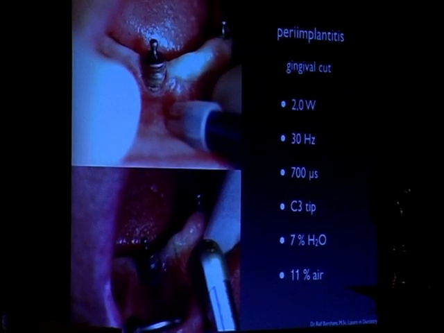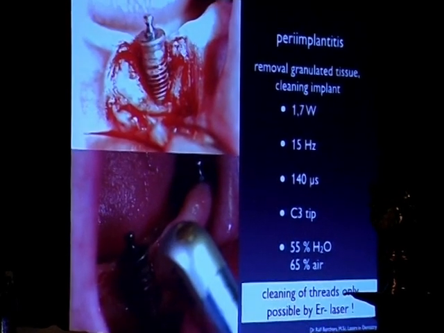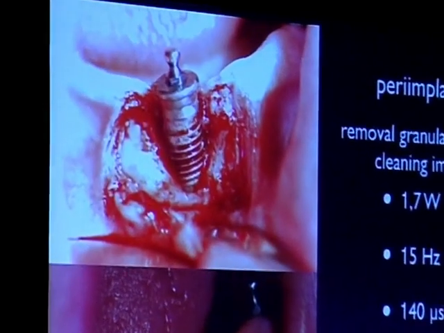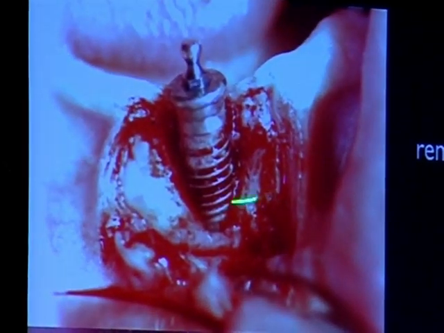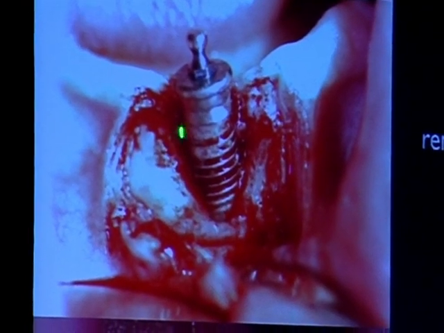And now peri-implantitis therapy. If you have this case, it's looking very bad. And you can only treat this case with an erbium laser, because only with erbium laser you can reach a sufficient result in cleaning the implant and cleaning the implant threads. So if you look at this, there's a lot of plaque on the threads.